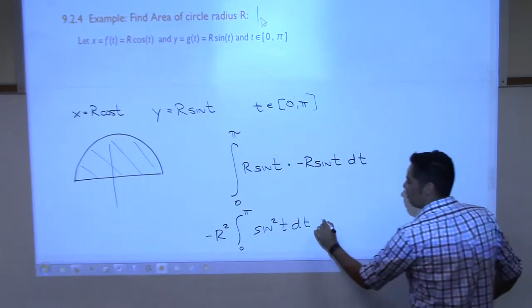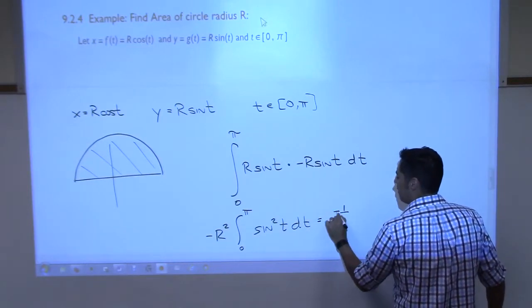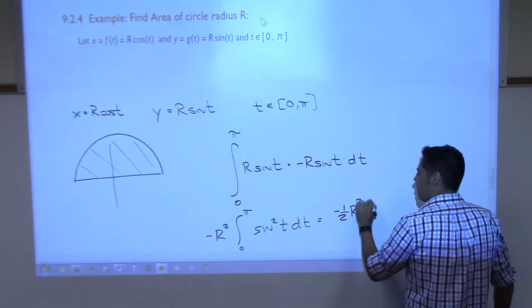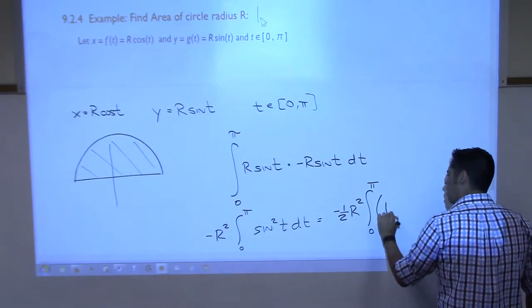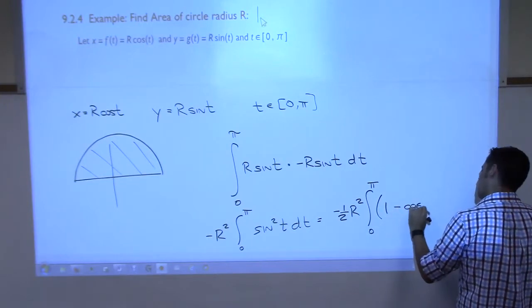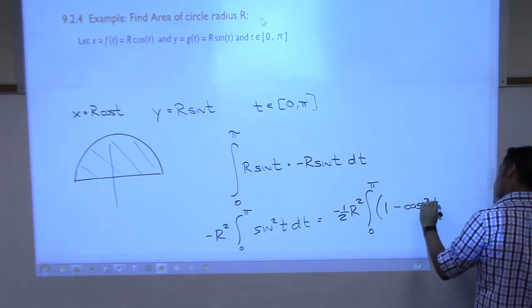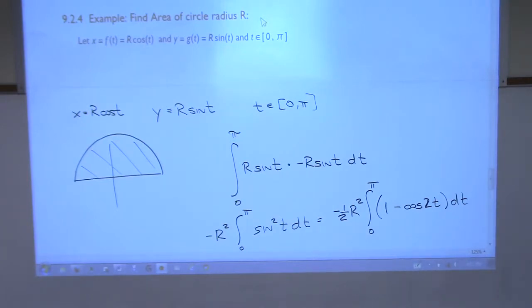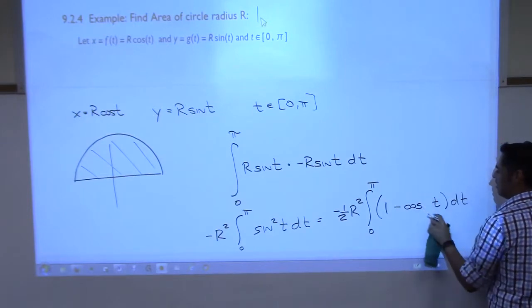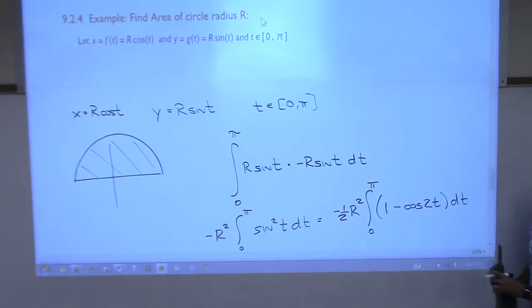So we pull out the negative, we pull out the 1/2, and then we have 1 minus cosine 2t dt. I'm hoping that you recall this. I hope that your brain hasn't become so shut down that you can't power reduce something. That's okay?